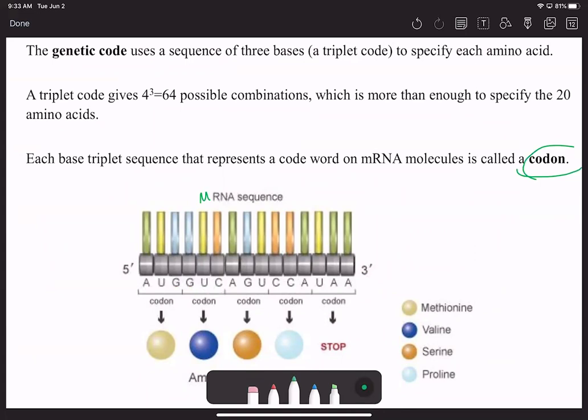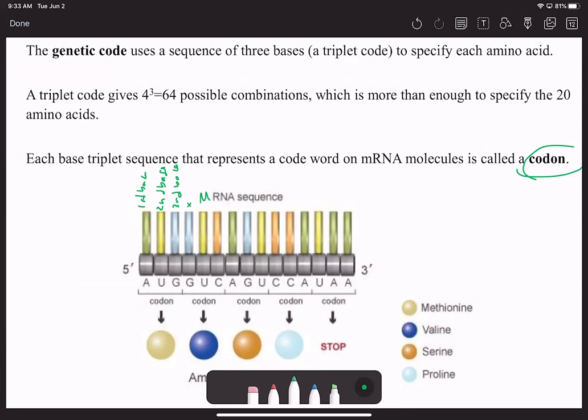So here, let me write this up here. This is going to be the first base. This is the second base. This is the third base, and then it keeps repeating.